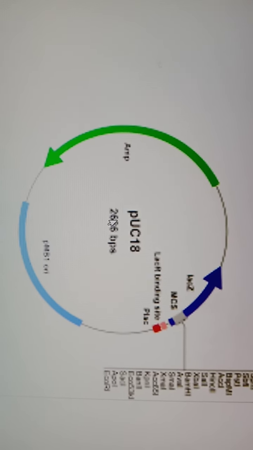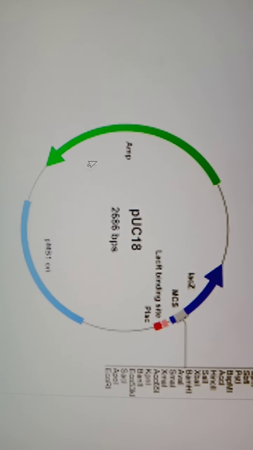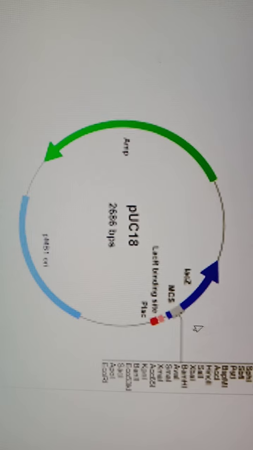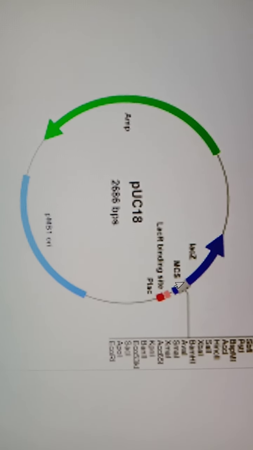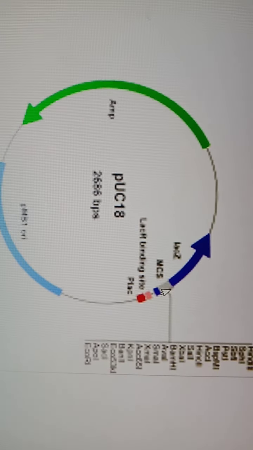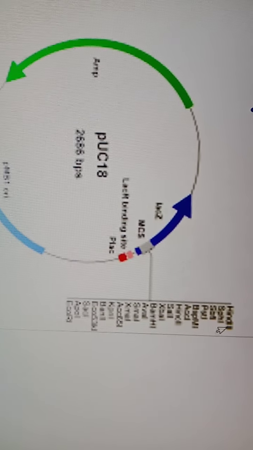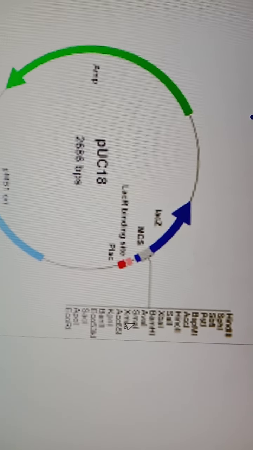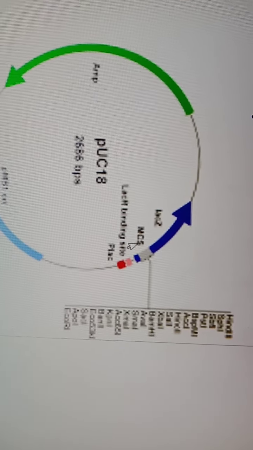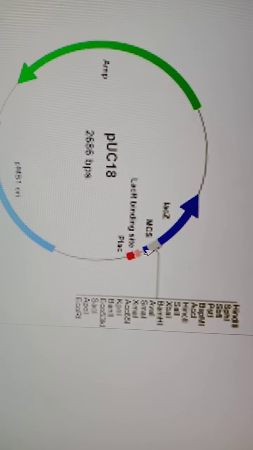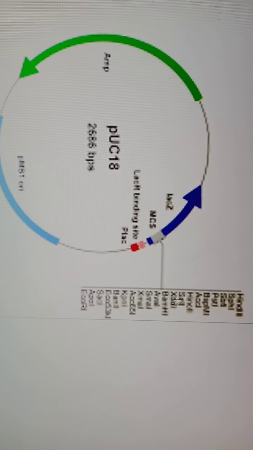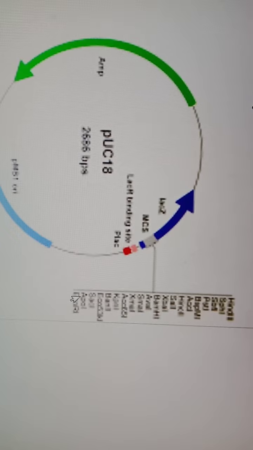So pUC18 has one ORI site, one ampicillin resistance gene, and an MCS. MCS stands for multiple cloning site. You can see many enzymes here, so this MCS region has the restriction sites for many restriction endonucleases.